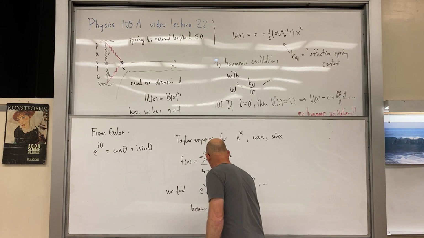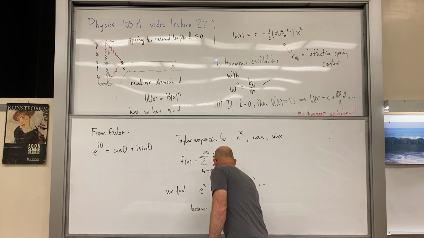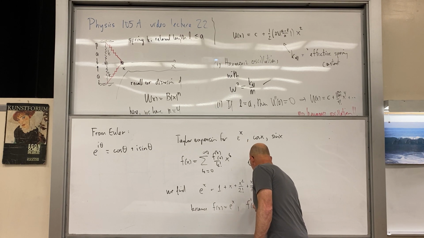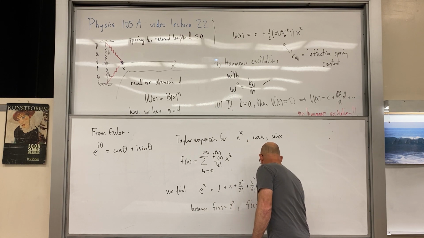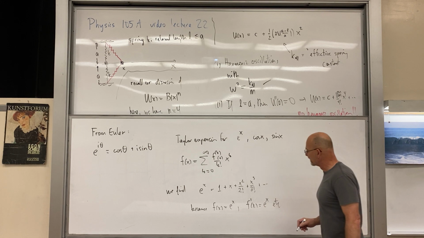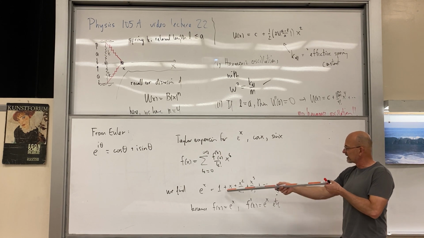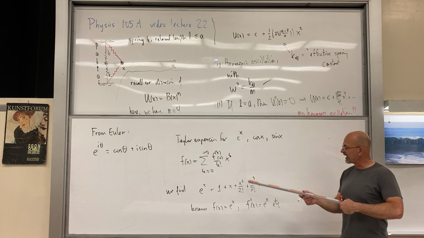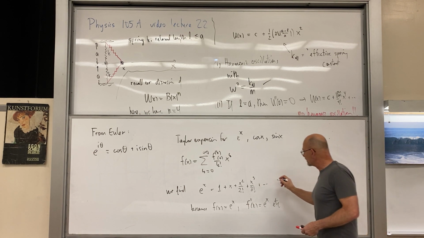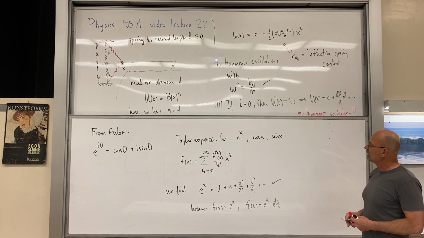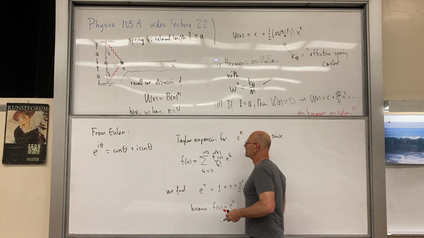Because if f of x is equal to e to the x, f prime of x is also equal to e to the x, etc. So evaluated at 0, we just get a bunch of 1s, and then 1 over k factorial times x to the k. So that's the series expansion for the exponential function. What about the sine and the cosine?